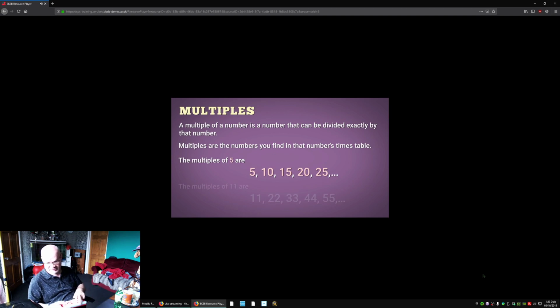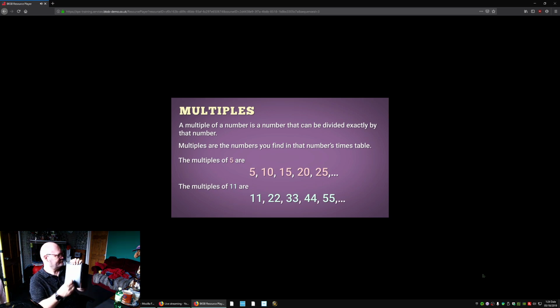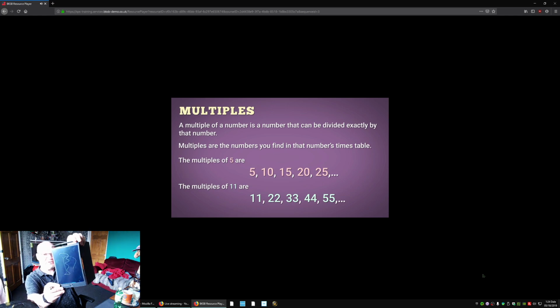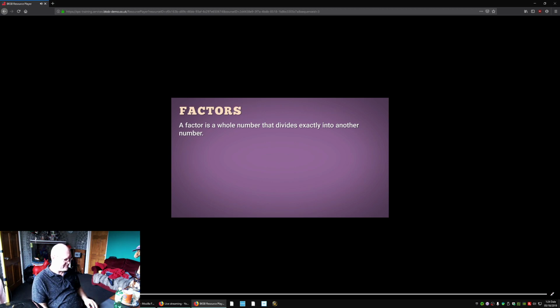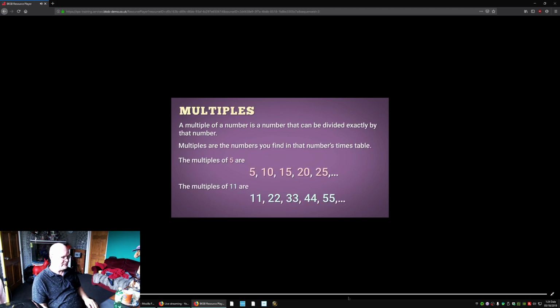Know them off by heart. The multiples of 11 are 11, 22, 33, 44, 55, and so on. Use the old boogie board. Scribble on it and then press the button to delete it. A factor is a whole number that divides exactly into another number.